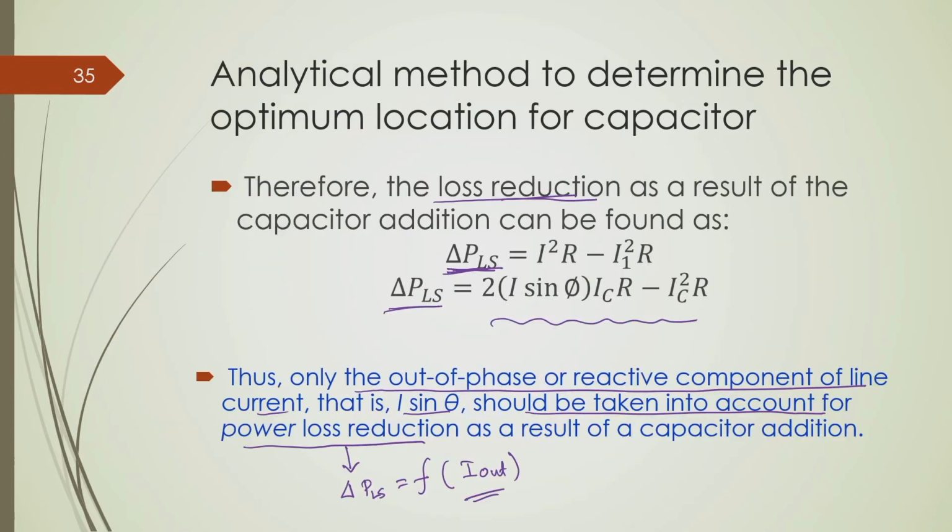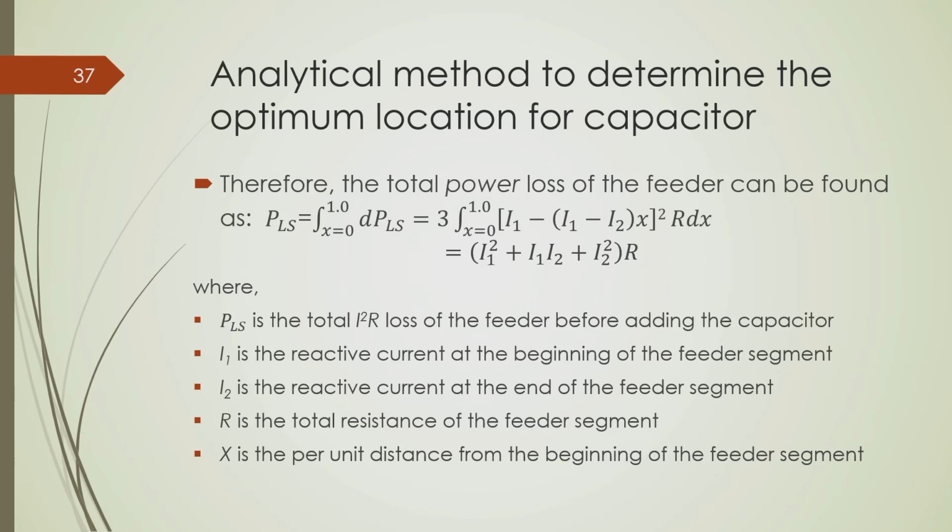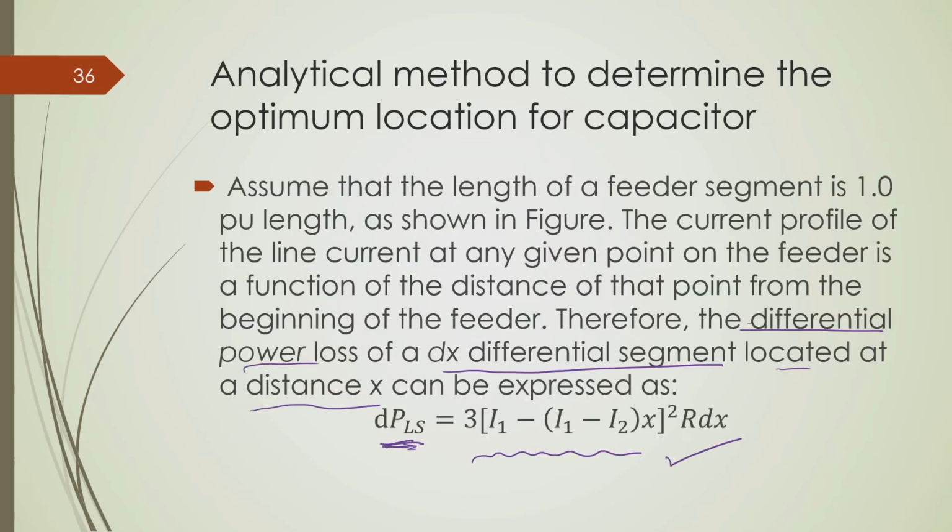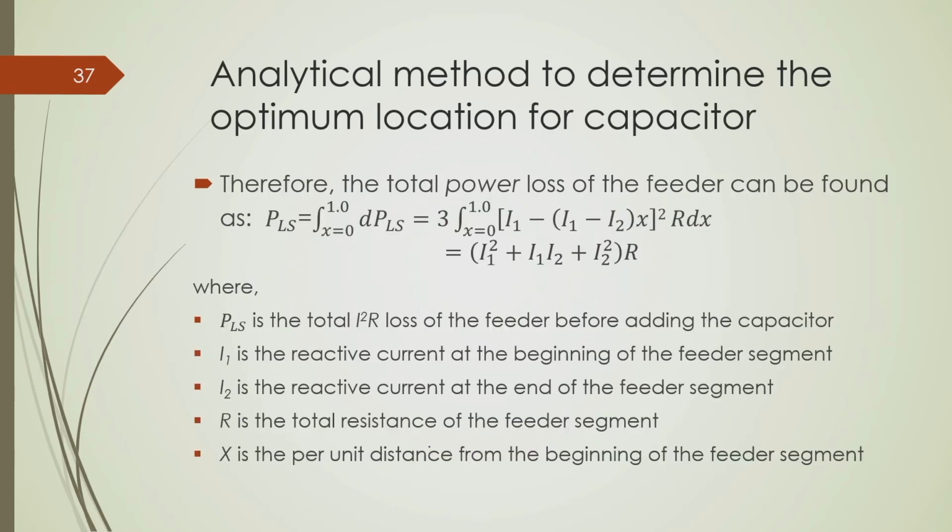Then we will integrate this power loss with x varying from 0 to 1, where x equal to 0 corresponds to the sending end side, and x equal to 1 corresponds to the end of the feeder.